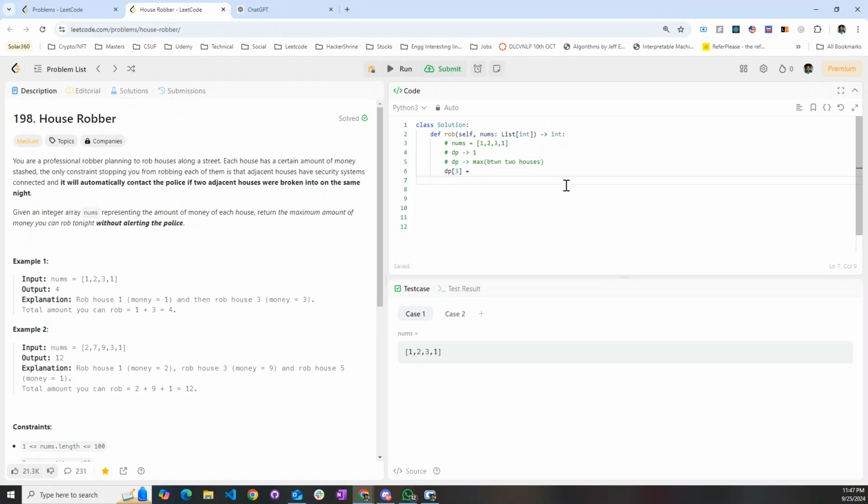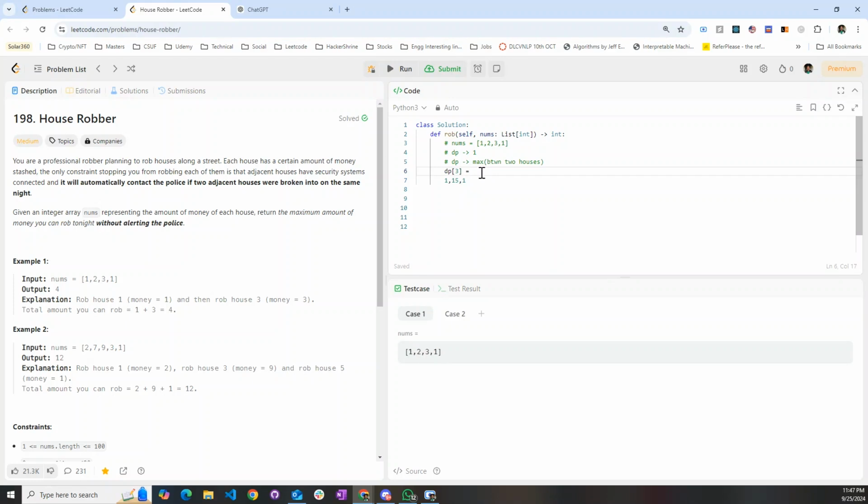So assuming you have houses like 1, 15, 1, just robbing the second house is going to give you the maximum amount of money, right? But robbing the first and third is not going to give you that, right? So that's what we have to decide. Whether we have to take the one or not.